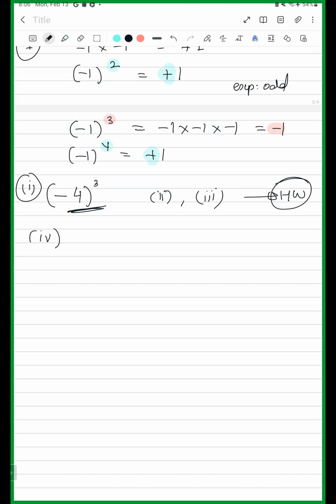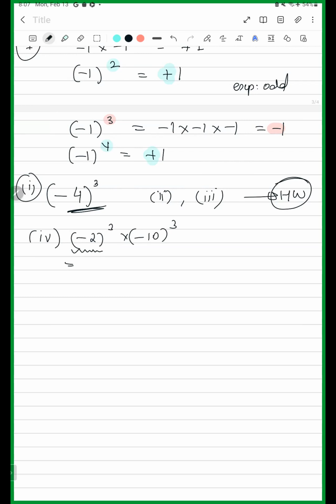Now let's come to the fourth part of the question. -2 cube multiplied by -10 cube. First of all, what is -2 cube? -8.